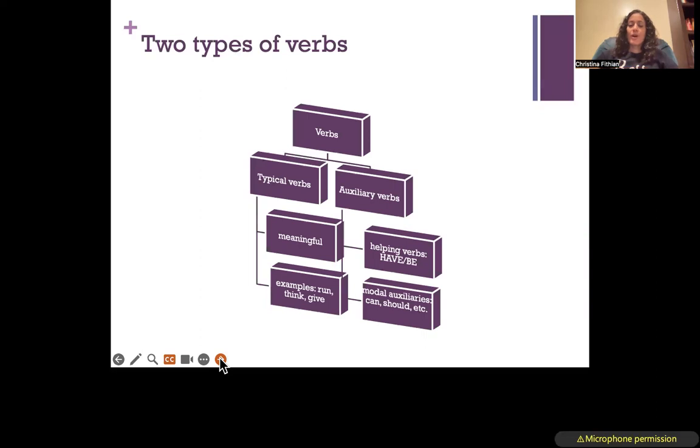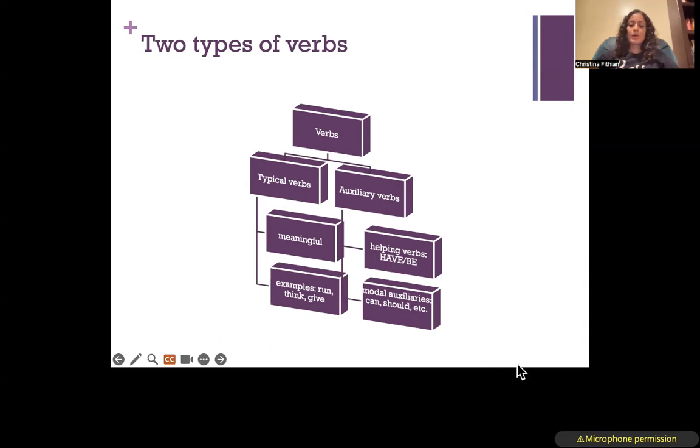And then you have auxiliary verbs. Now, these are function words, and they don't really have as much meaning. It's hard to understand what they mean when they're in context with another verb. So your auxiliary verbs consist of the helping verbs have and be, which we saw gives us perfect aspect.